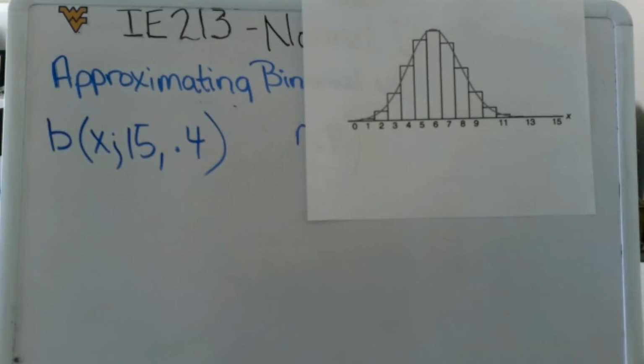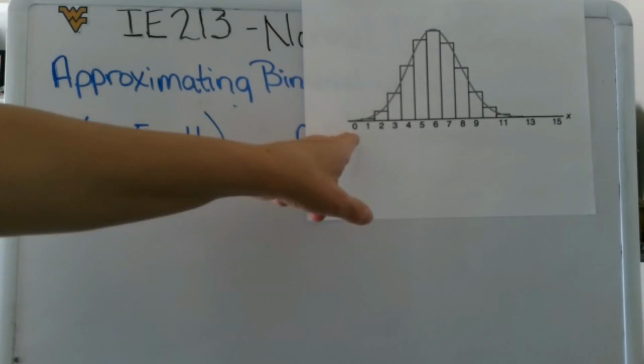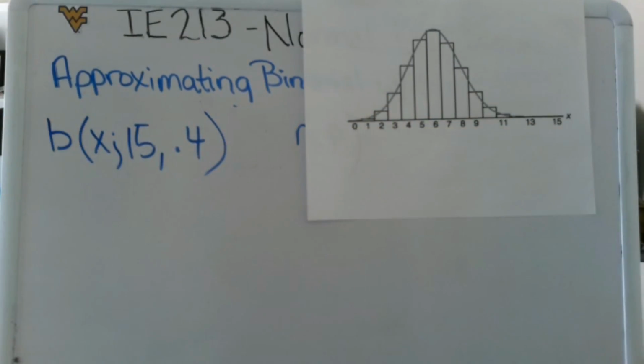This is for binomial x with n equal to 15, so relatively small, but we are close to a half, so p is equal to 0.4. So you can see we have 0 through 15, and you can see the histogram where the numbers are on the center of the base.